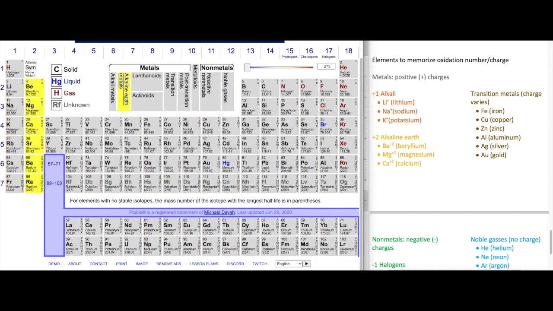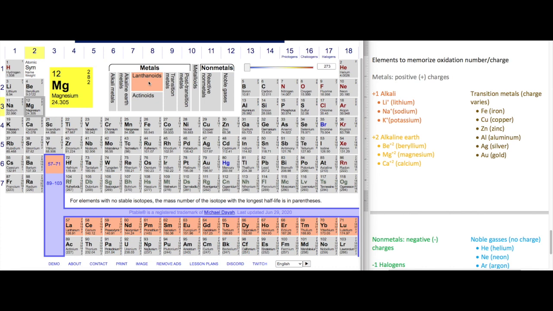The alkaline earth metals, most important ones there to know are beryllium, magnesium, and calcium, and they will always form a +2 charge or oxidation number when it's part of a compound. One of these that we know has shown up in past HESI tests is magnesium. So if you're asked about the charge or oxidation number of magnesium when it's part of a compound, the answer is +2.